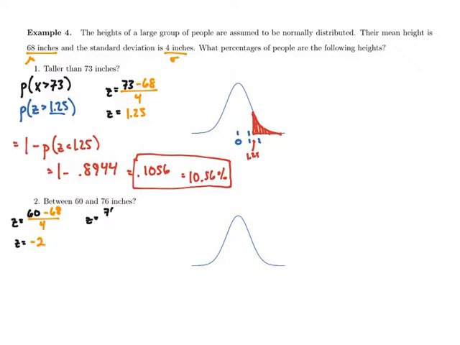And 76 minus 68 divided by 4 should give us a positive number. This will give us z equals +2. So what we're trying to find is the probability that z is in between -2 and 2. So that's going to be in our picture.